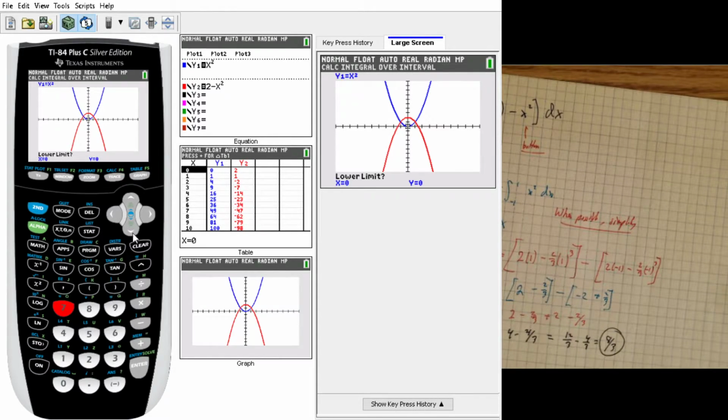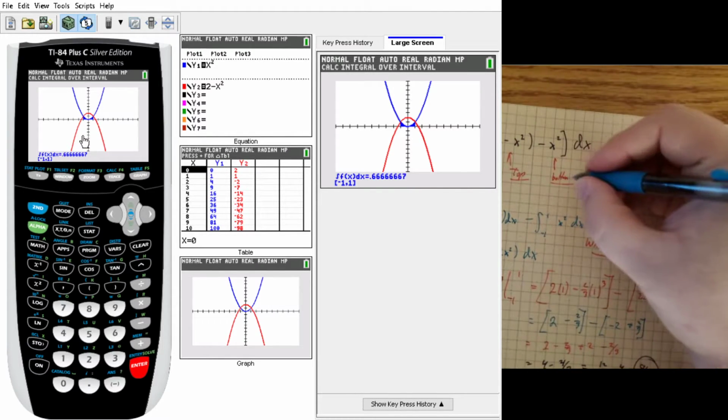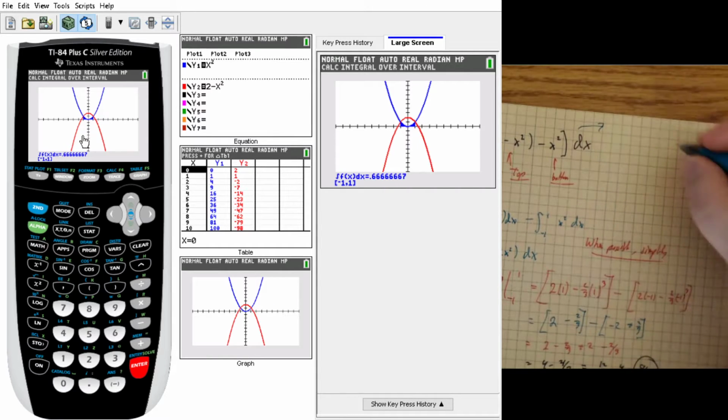So I'm going to do my lower limit as -1, my upper limit as 1. And so it says for this first one, and we can zoom in and see, it did it for the blue one. And so you can see for that blue one, this piece is 2/3. So the x squared has an area of 2/3.